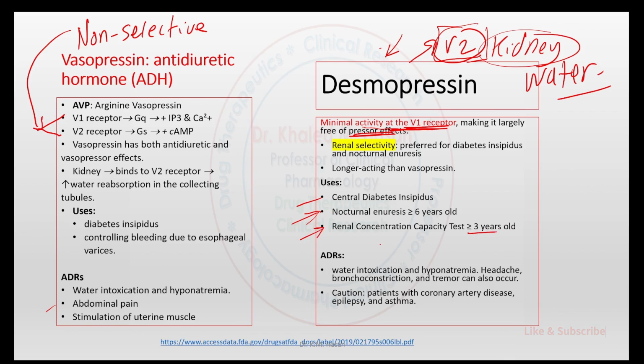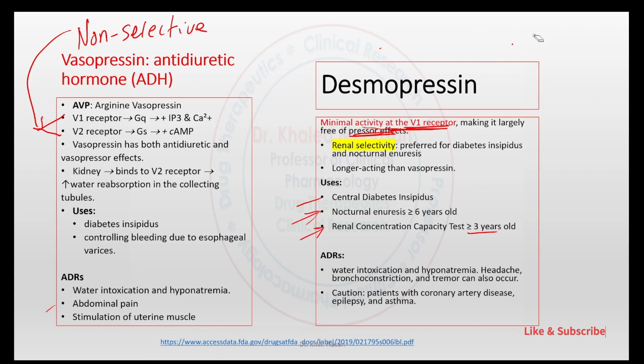Okay, I will repeat desmopressin again, as a recap or summary of the information. Desmopressin has a minimal effect on the V1 receptor in the blood vessels.